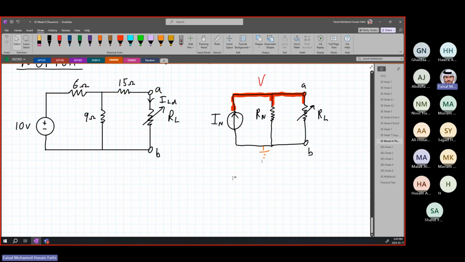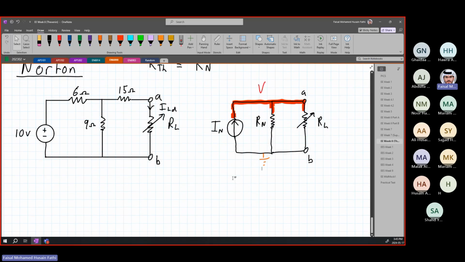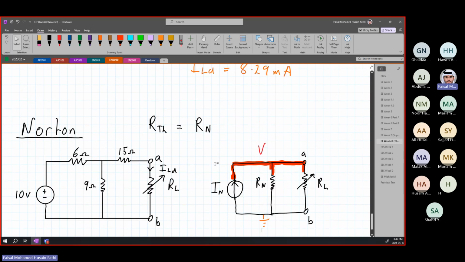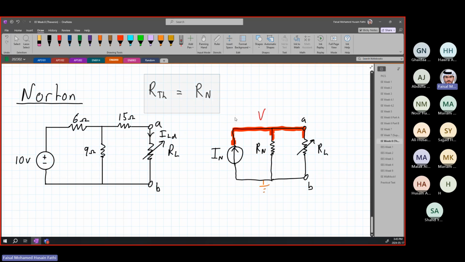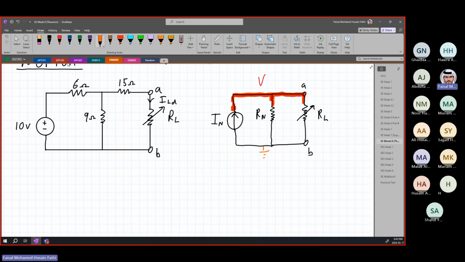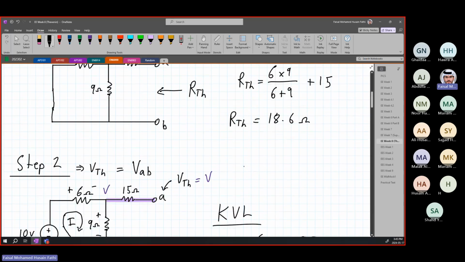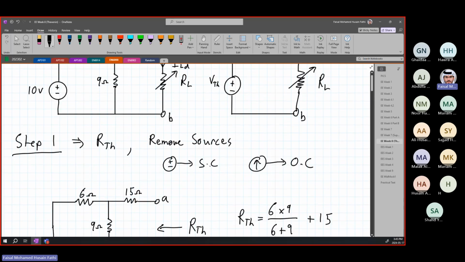Now, I'm not going to show you the steps of finding Norton first. I'm actually going to compare the Norton to the Thevenin circuit. The first thing you need to know: since R Thevenin is equal to R Norton, let us look at our Thevenin equivalent for this circuit. Where was it? I drew the Thevenin equivalent earlier for the circuit.